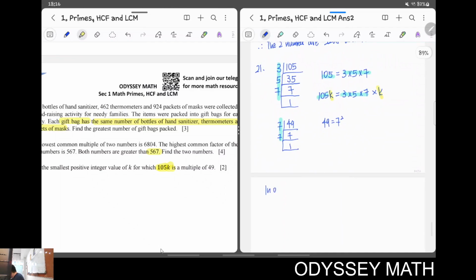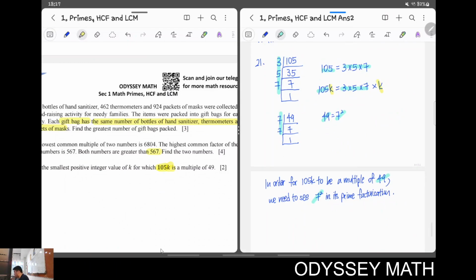So in order for 105k to be a multiple of 49, we need to see 7 to the power of 2 in its prime factorization. Okay? Because 49 is 7 to the power of 2.